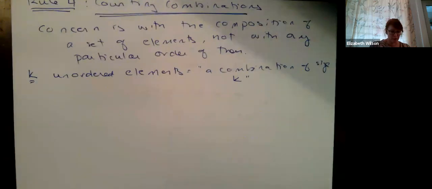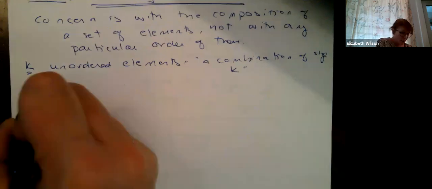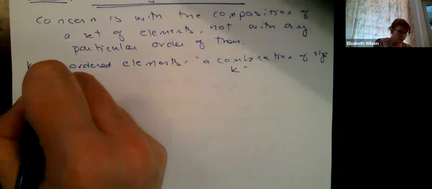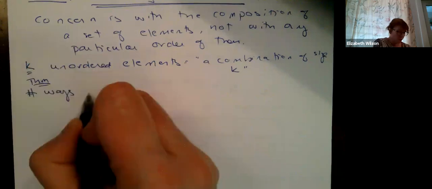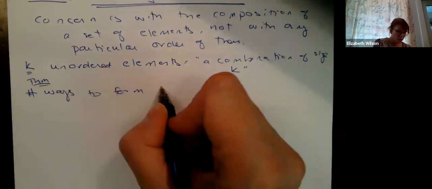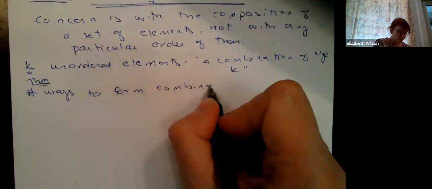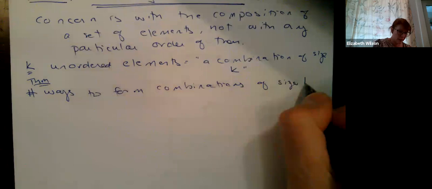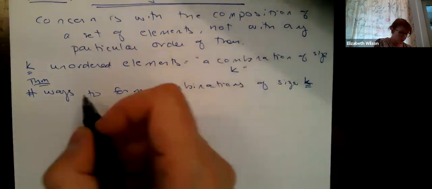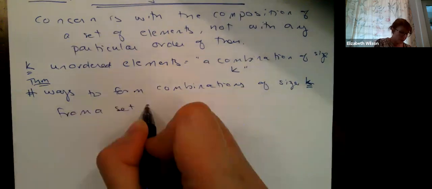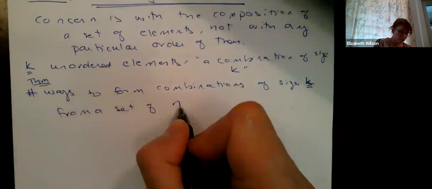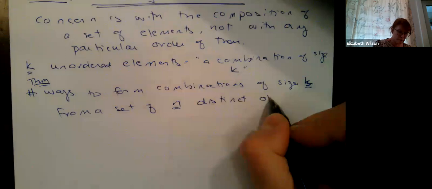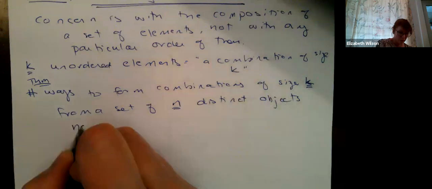This is a theorem: the number of ways to form combinations of size k from a set of n distinct objects, and we're not going to allow repetitions.